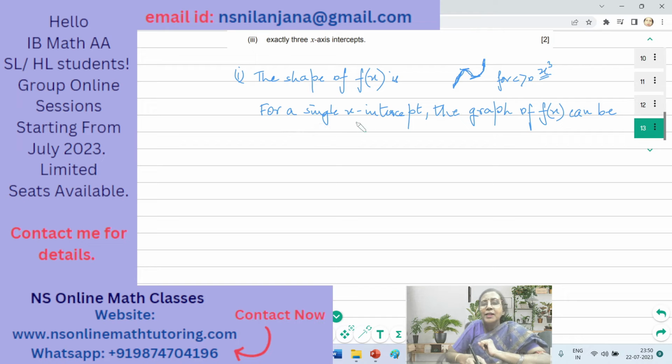Okay. So for a single x-intercept, the graph of f can be either of this shape.